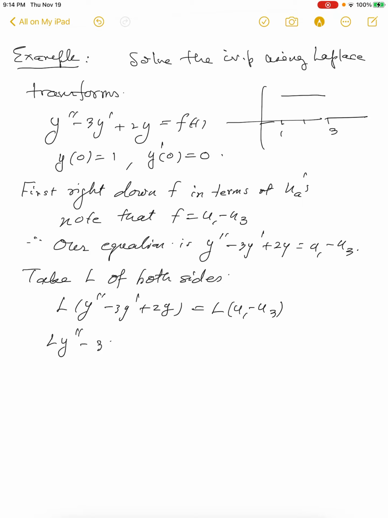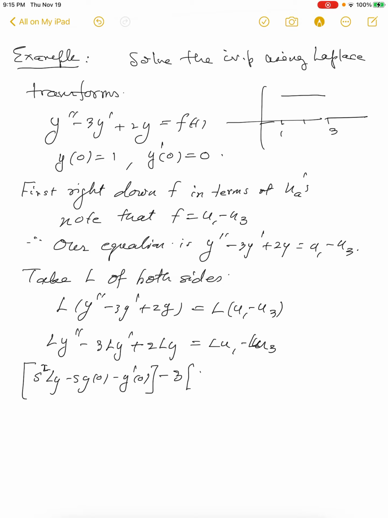So it is L y double prime minus 3 L y prime plus 2 L y, equal to L u1 minus L u3. And L y double prime is s squared L y minus s y(0) minus y prime (0), minus 3 times L y prime is s L y minus y(0), plus 2 L y, and that should be L of u1 is e to the minus s by s, L of u3 is e to the minus 3s by s.